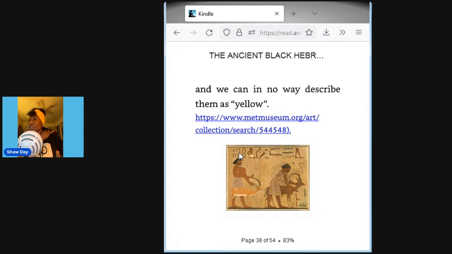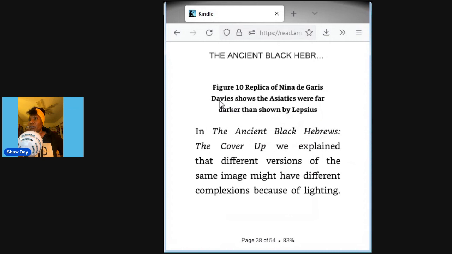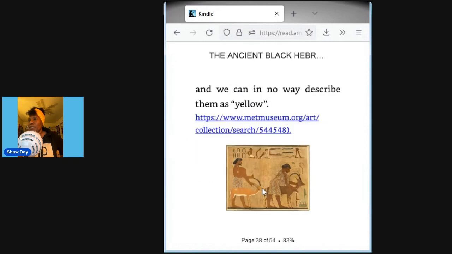So it says, we can in no way describe them as yellow exactly. So two different paintings by two different individuals, and they're painting from the actual wall. It's not the actual painting. Then he goes on to say, figure 10, replica of Nina Davies, shows the Asiatics were far darker than shown by Lepsius. Right. This is her painting, and the first painting was by the other person.